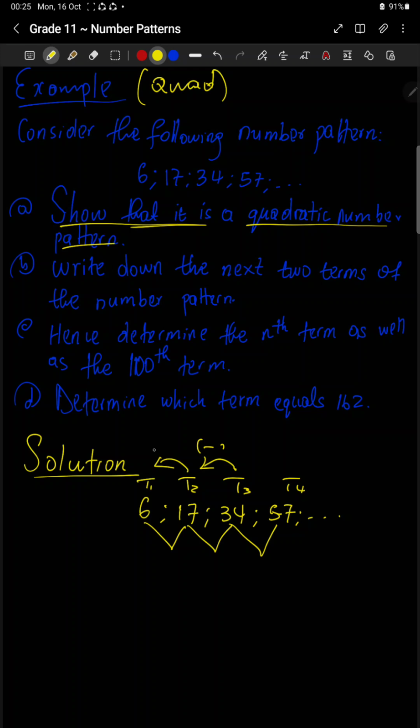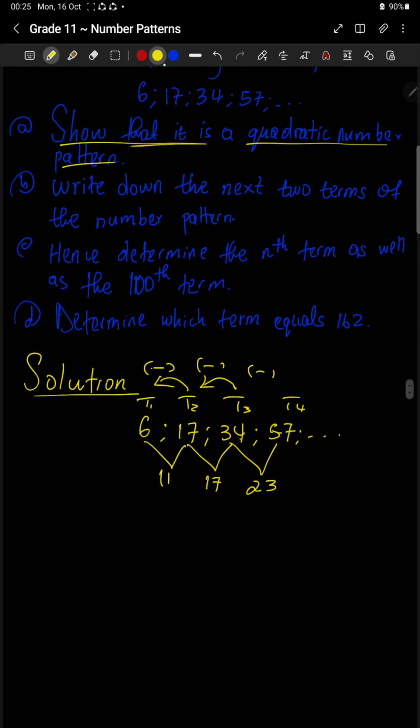Then we subtract, and then we subtract. So it's going to be 17 minus 6 must be 11, and 34 minus 17 definitely is going to be 17, and then 57 minus 34 must be 23. So this one over here is known as the first difference, and it is not common.